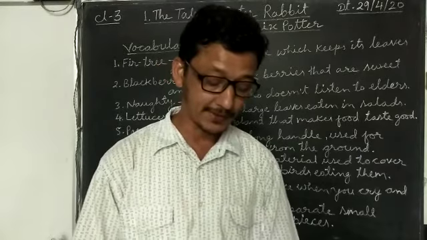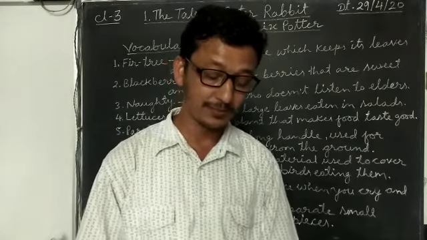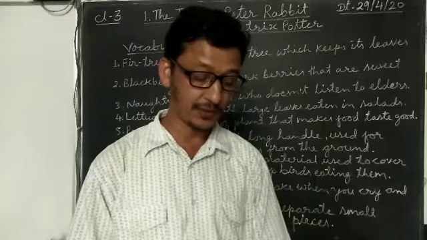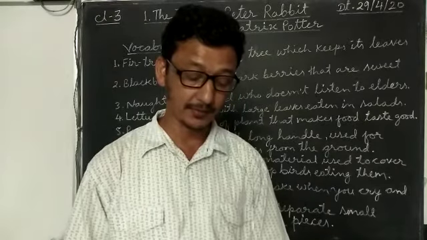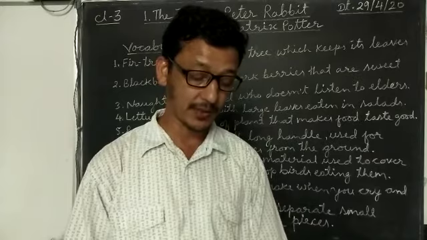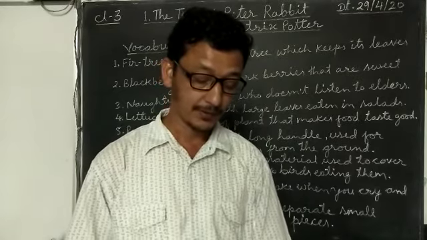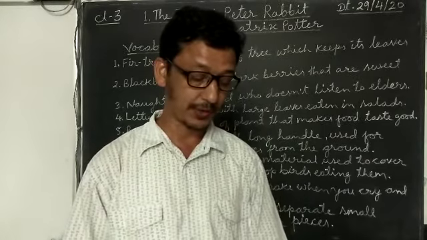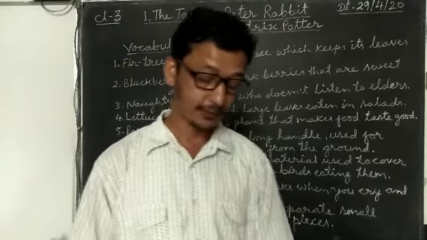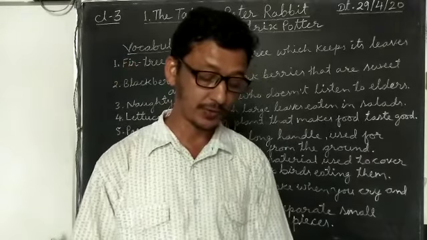Now, my dears, said old Mrs. Rabbit, you may go into the field or down the lane, but don't go into Mr. McGregor's garden. Then old Mrs. Rabbit took a basket and her umbrella and went through the wood to the baker's.